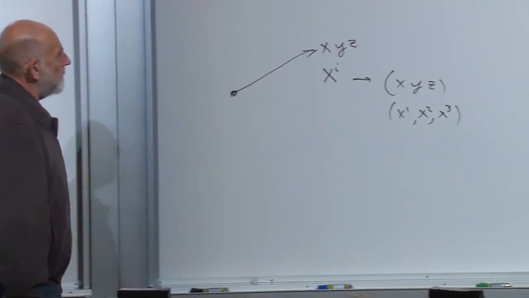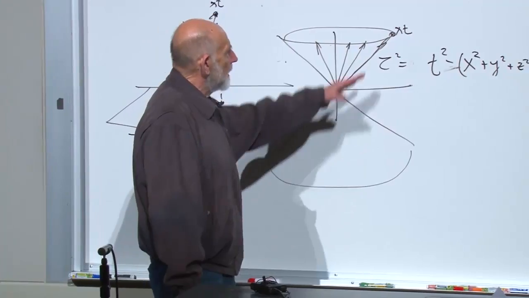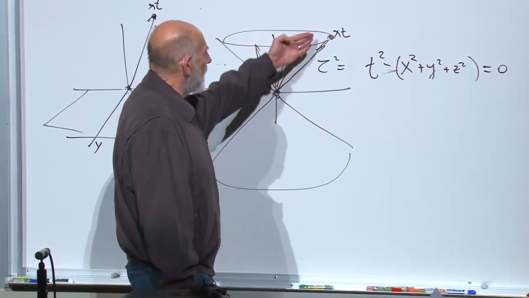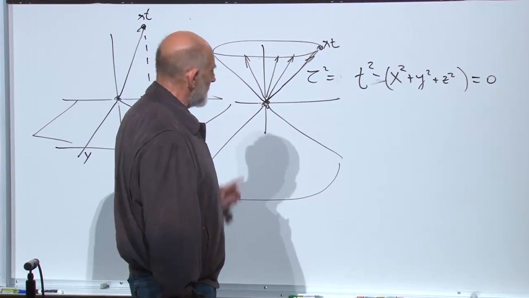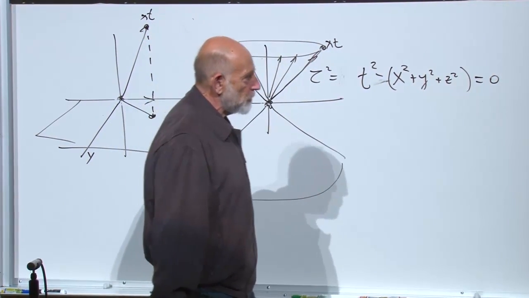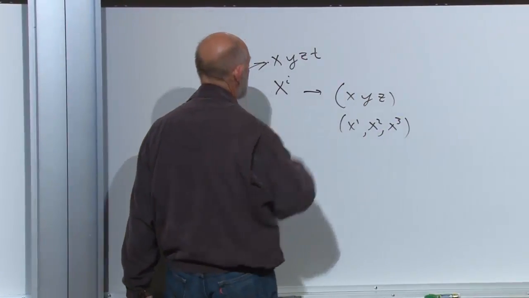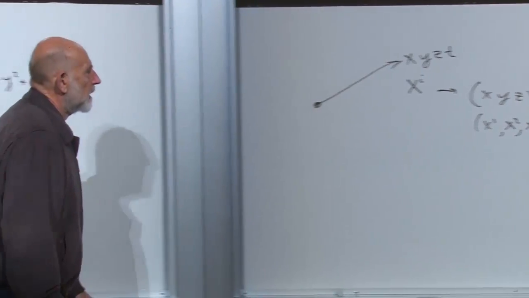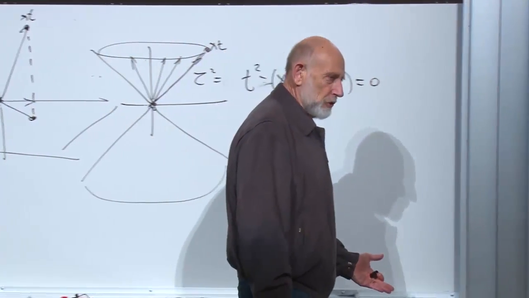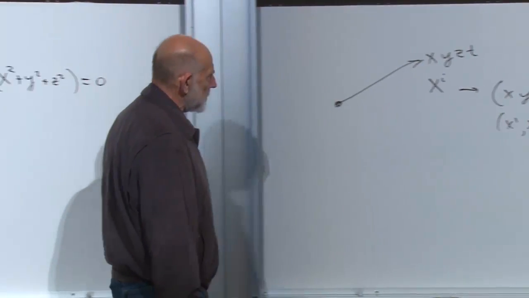All right. Now we have another added component to worry about. Not only do we want to know where an event is, but we want to know at what time that event is. Let's suppose that we're measuring space and time relative to some origin. That means we have to add in another coordinate, t. In other words, the vector becomes a four-dimensional object with a time component and space components.